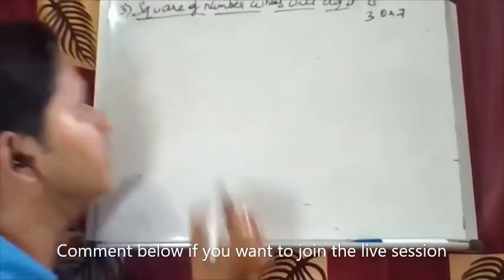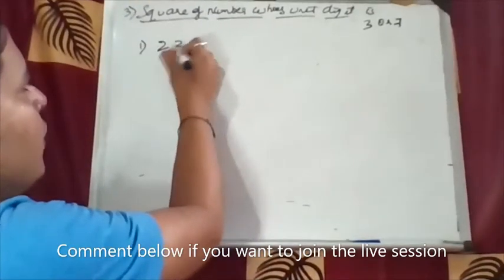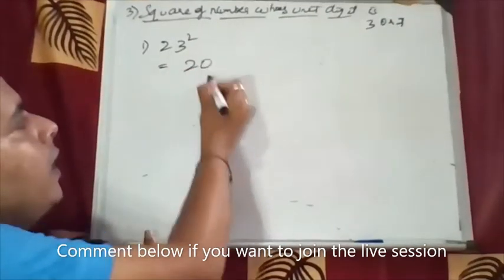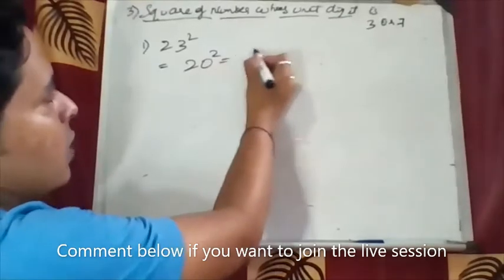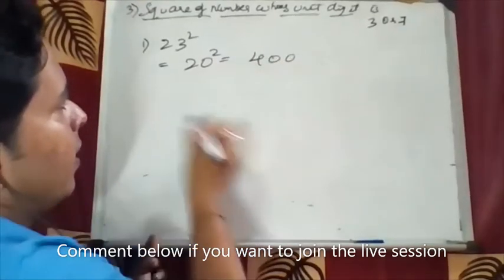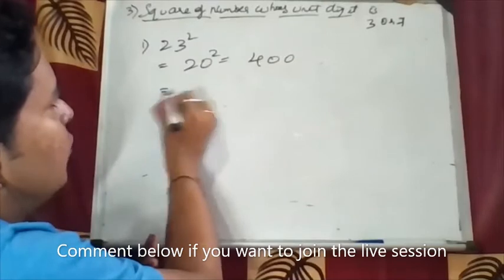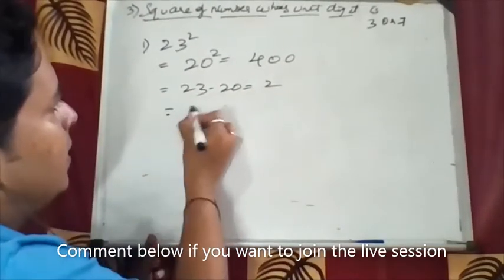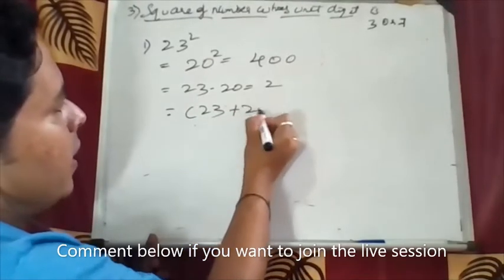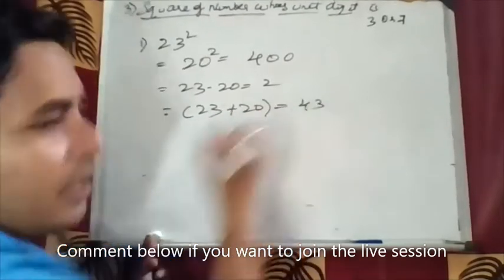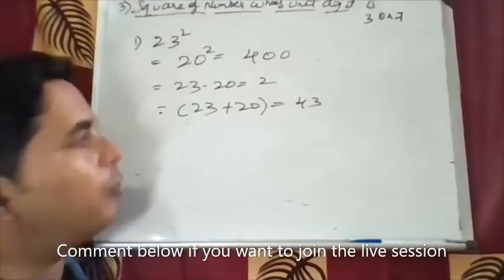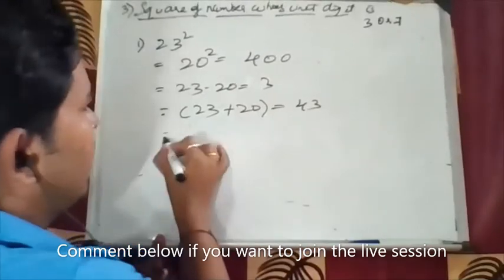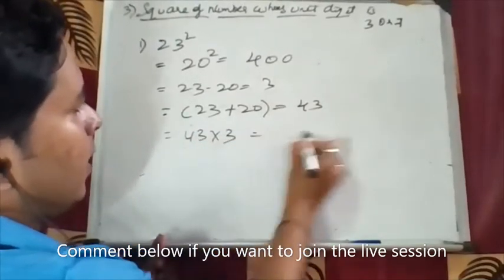For example, 23 square. The base number is 20. So what will be the square of 20? 400. The difference is 23 minus 20, which is 3. And add these two, 23 plus 20, which is 43. Now multiply with 3: 43 into 3 is 129.